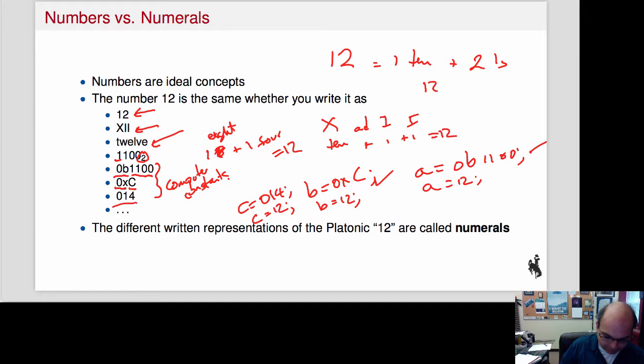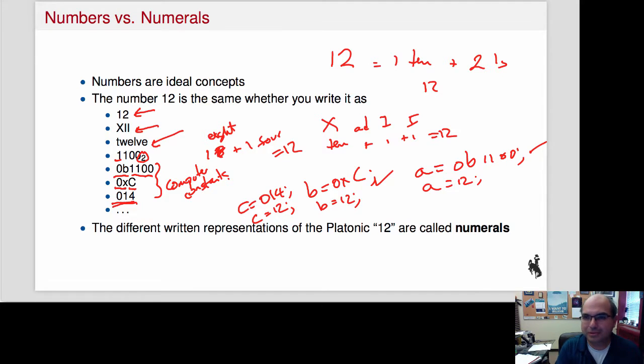And then 014: the computer they were actually working with had words that were 9 bits long, 3, 3, and 3. So it was natural for them to use octal or base 8 instead of base 16. And what they decided was that if you simply put a leading 0 on a number, then that made it base 8 instead of base 10.